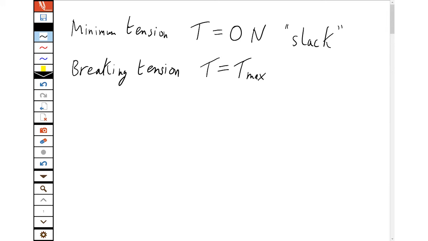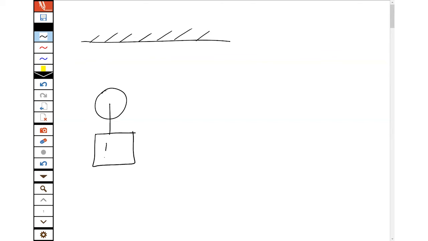Now, tension is also useful in pulleys that let us lift heavier objects. So let's have a look at one of those. We have a roof, and we have a pulley connected to a big mass.